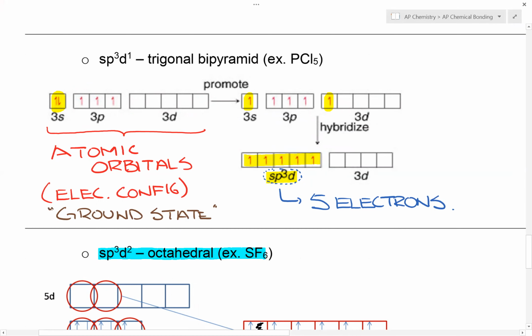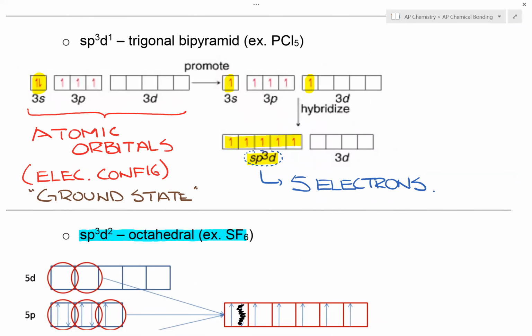When it's hybridized, or anything that's different from the regular electron configuration, we call this the excited state.